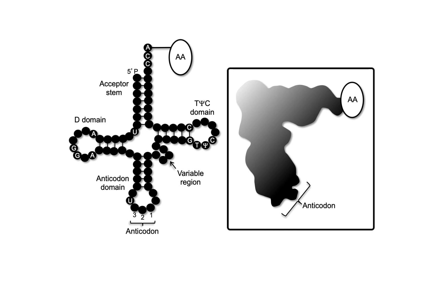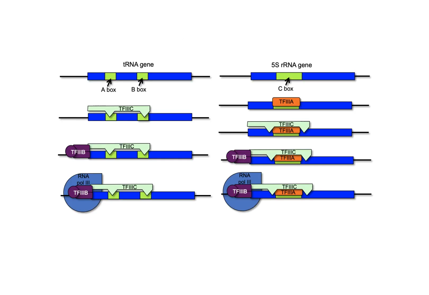So here are two genes, the tRNA genes and the 5S rRNA gene. These are both transcribed by RNA polymerase 3 in eukaryotes. And it shows you that part of the promoter, in both cases, is within the gene, that is, within the expressed part that becomes the mature tRNA.